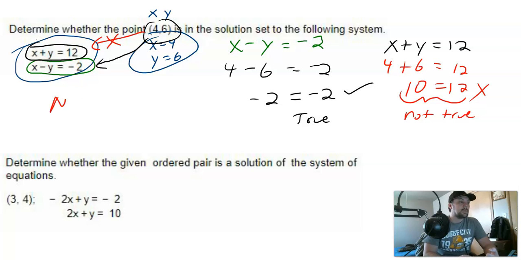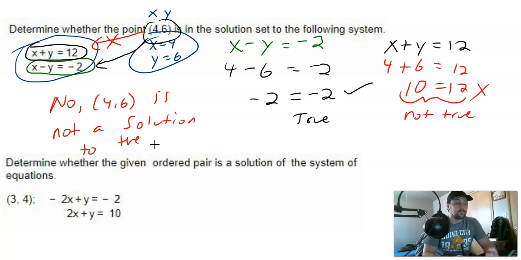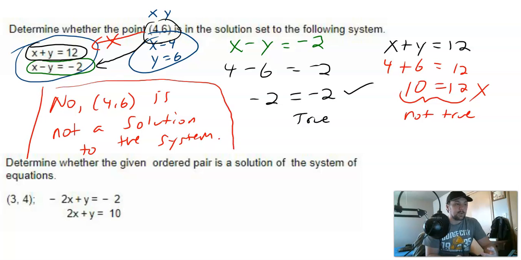And so our answer here is no, 4, 6 is not a solution to the system of equations, even though it was a solution to one of the equations in the system. All right, so again, it has to work in both. That's the point I'm trying to make there.